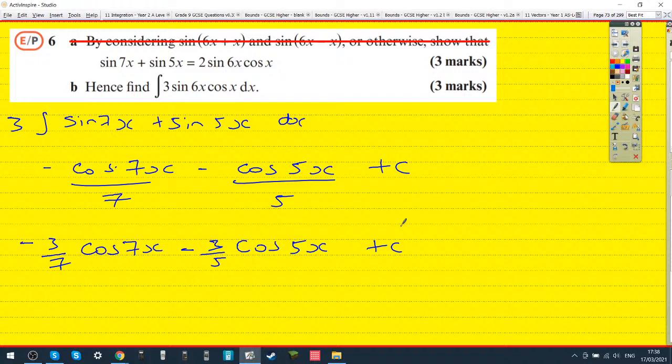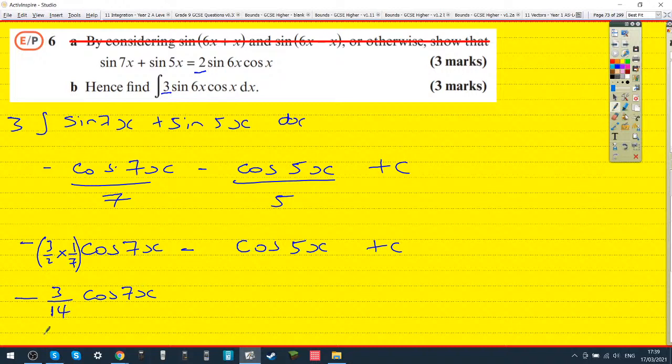What do you have to do to turn a 2 into a 3? What do you have to multiply by? 3 over 2. Yeah, and so it's like 3 over 2 times 1 over 7. What is that? 3 over 14.